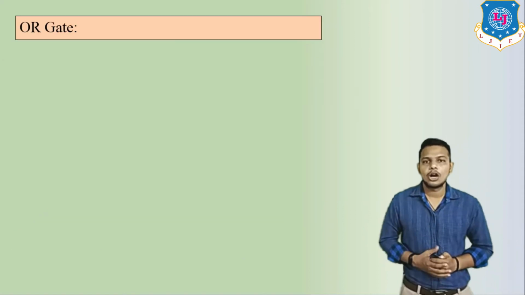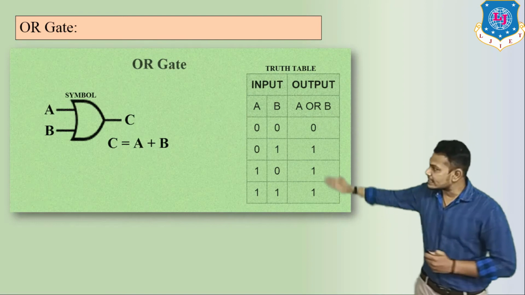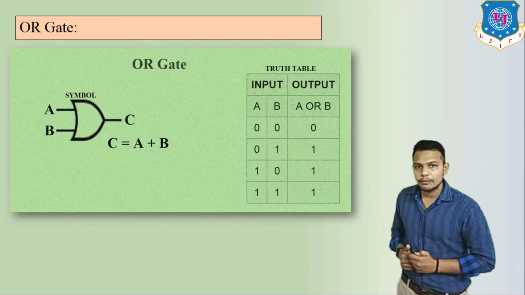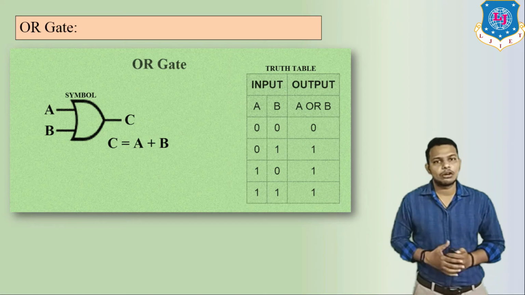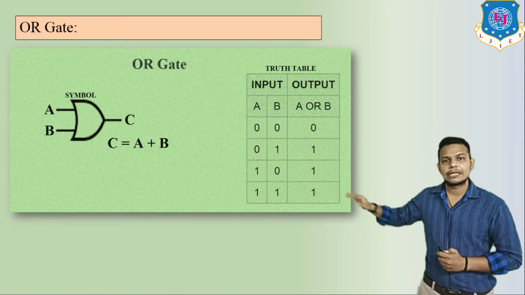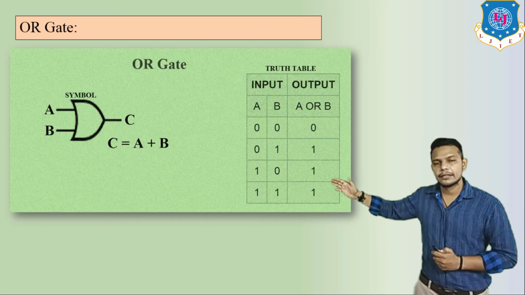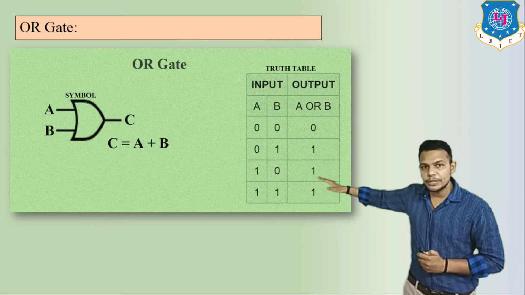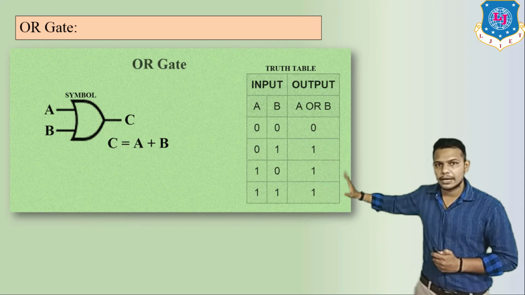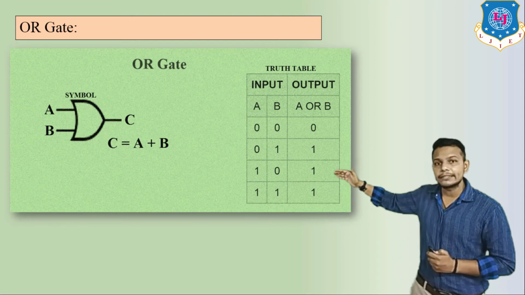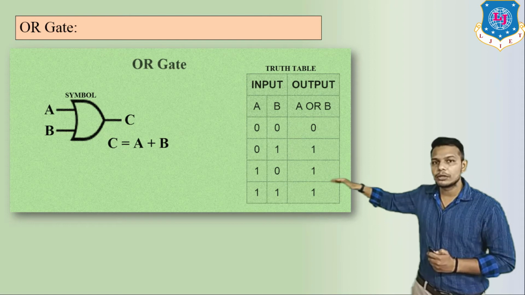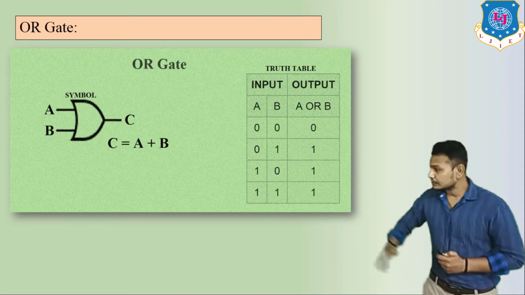Now next one is the OR gate. Here we can see this is the OR gate symbol along with its Boolean expression, and this is the truth table of OR gate. Similarly, like the AND gate, here we can see 2 inputs and 1 output. Now we can make it 3 input, 4 input and many more.